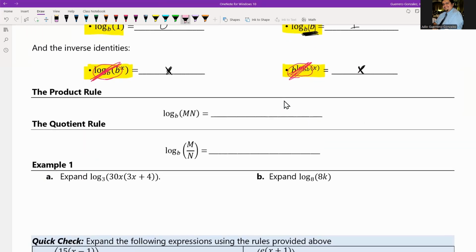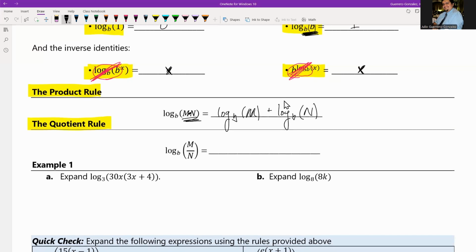The next two, product rule and the quotient rule. For the product rule, suppose you had two things that are being multiplied together. So there's a multiplication between there. Then this is equivalent to log base b of m plus log base b of n.